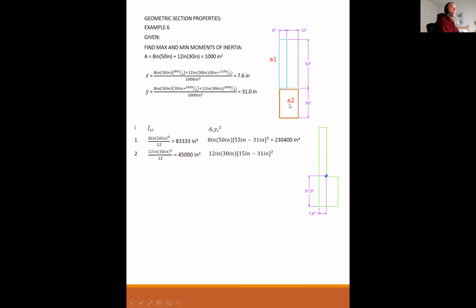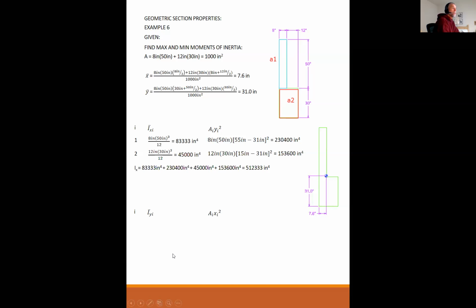So half of 30 is 15 minus 31, squared, 153,600. So my moment of inertia about the x-axis, I add all the pieces together, I get 512,333 inches to the 4th. Again, this is a pretty big section. This is 80 inches, which is 6'8" high. It was a pretty tall beam.